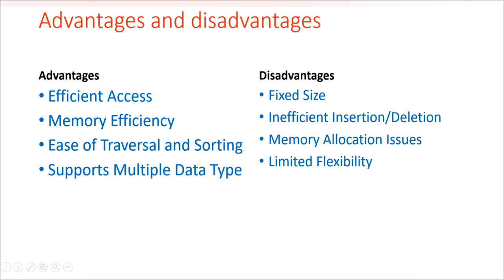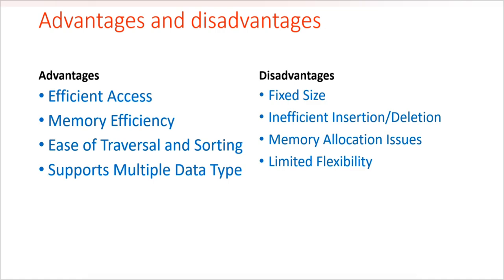Next, we need to move on to disadvantages of the array. Array has a fixed size. Once declared, the size of an array cannot be changed, leading to wasted memory. The next one is inefficient insertion and deletion. Inserting or deleting elements in the middle of an array requires shifting the elements, which can be time consuming. The complexity is O of n.